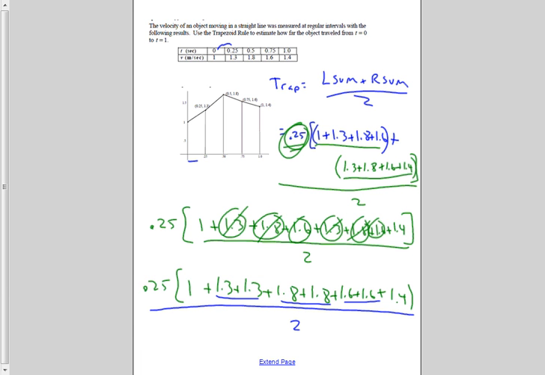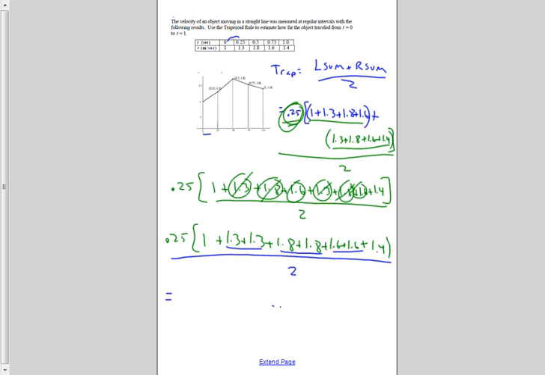Well, therefore, what we can do is we can say this equals our base, 0.25, times 1 over 2. So I'm dividing this 1 by the 2. And then since I have two 1.3s divided by 2, this is just 1.3 plus 1.8 plus 1.6 plus 1.4 divided by 2.